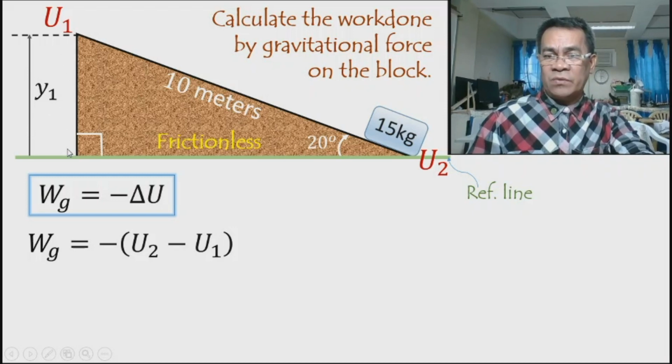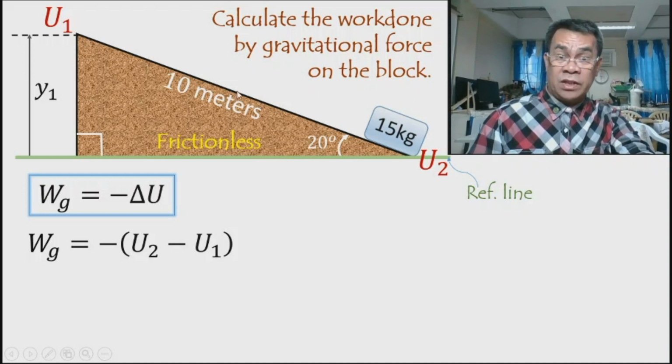So the question is, can we calculate this height from here towards the initial point? The answer is yes. Why? Because this is a right triangle. This is the hypotenuse of the triangle. We have these two sides, and this angle is 20 degrees. And take note, this should be 90 degrees. Why?